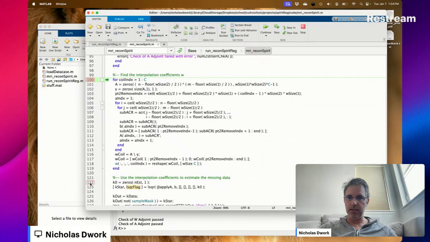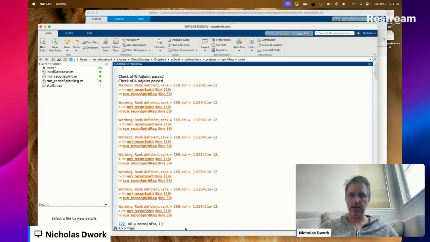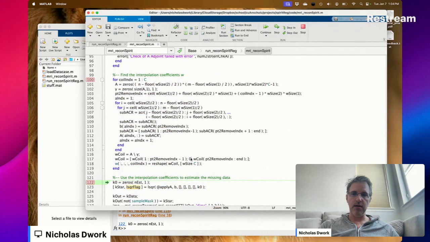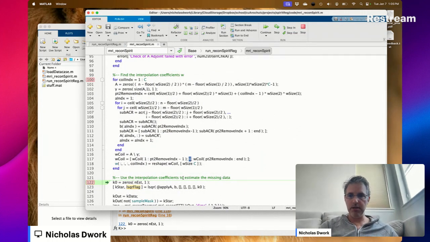The first thing I want to check is just to make sure that these zeros are showing up where I think they should be. So remember, I put a 0 in the convolution kernel at the location where we are trying to estimate the value. I want to make sure they're in the right spot.